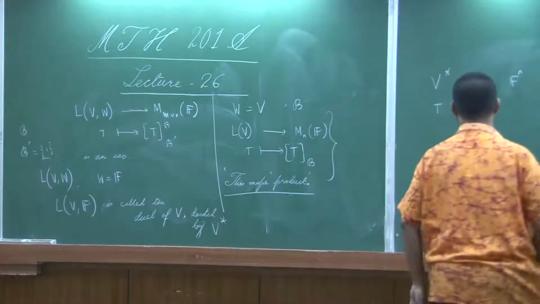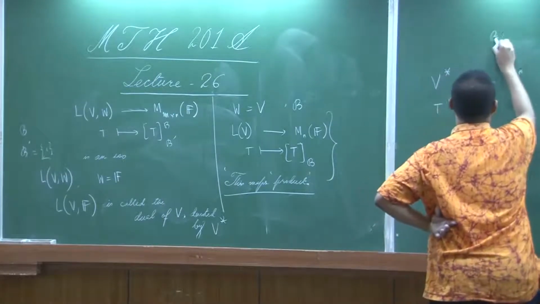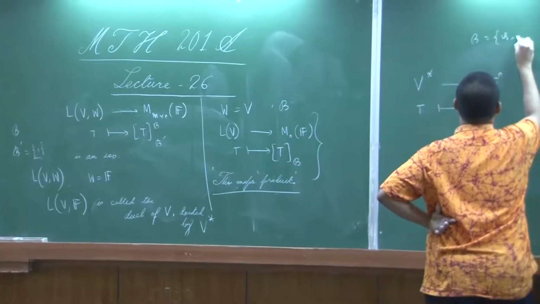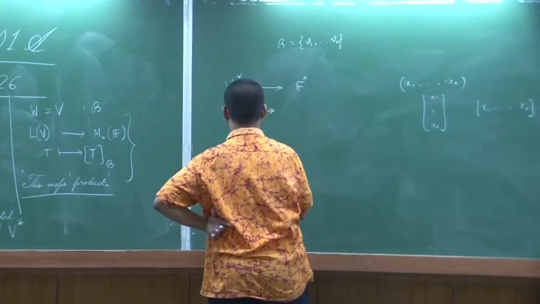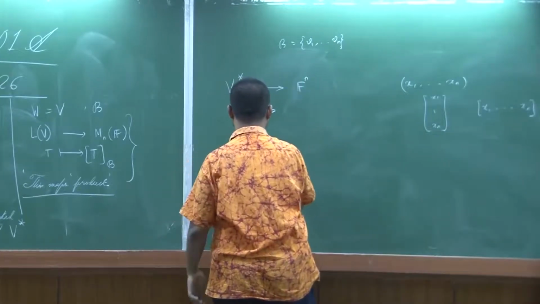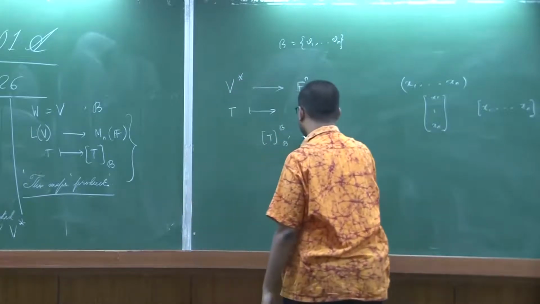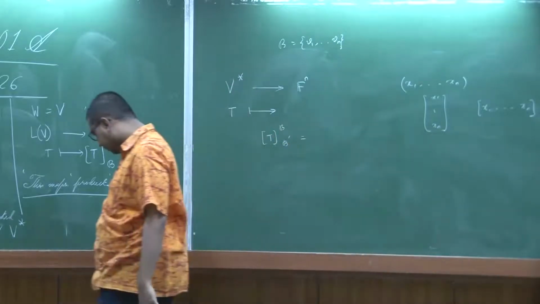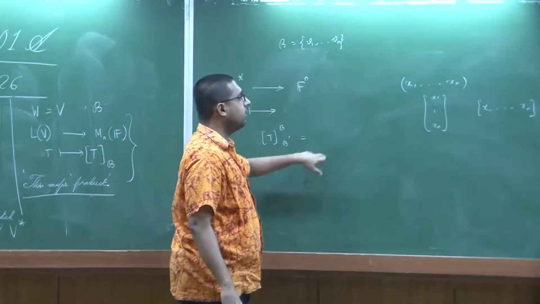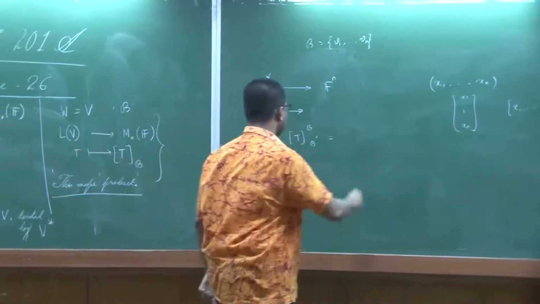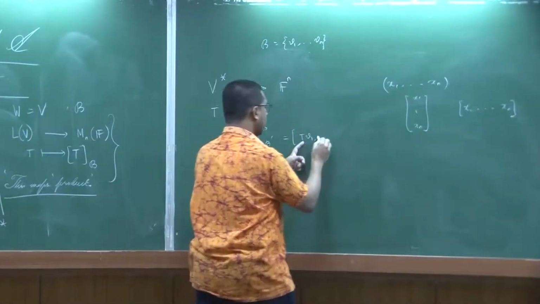So we have already seen this. If our B is v1, v2, ..., vn, then what was my T_B? So how to get this? T(v1) will be the first component. This will be a real number, right?